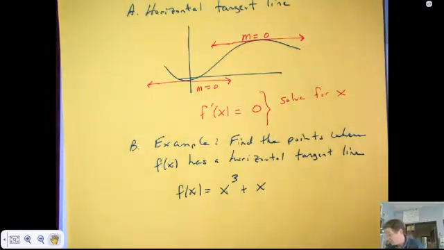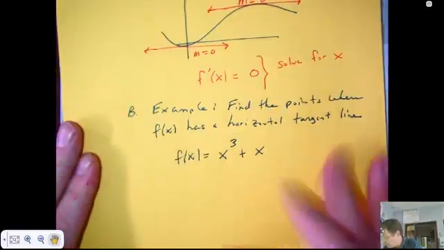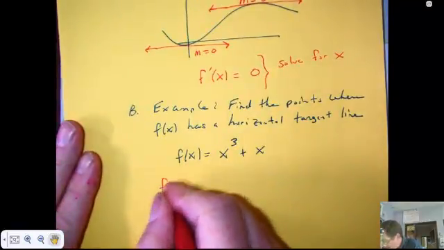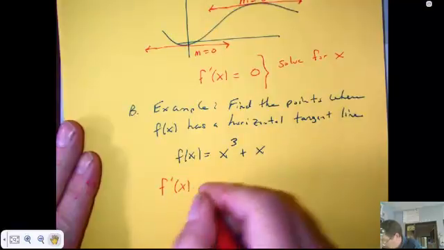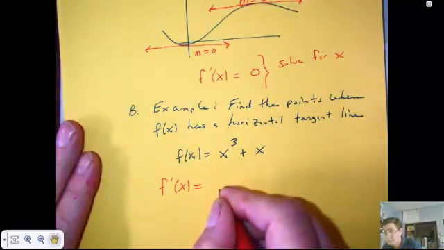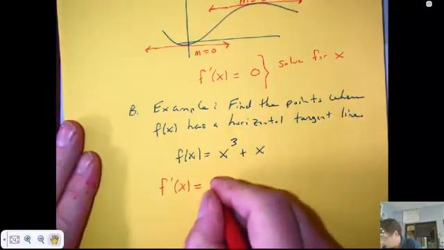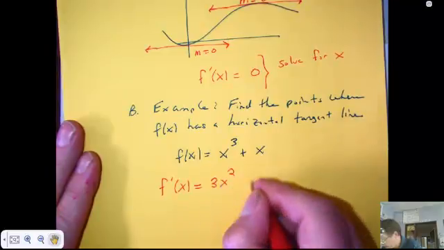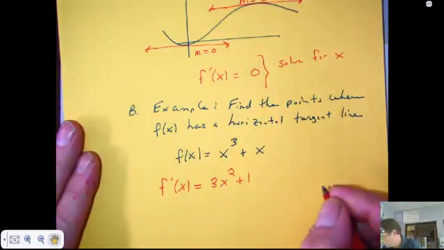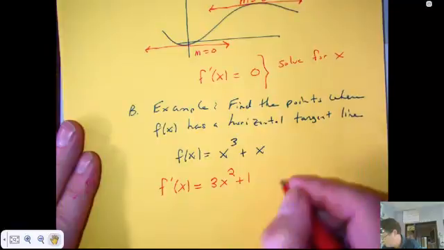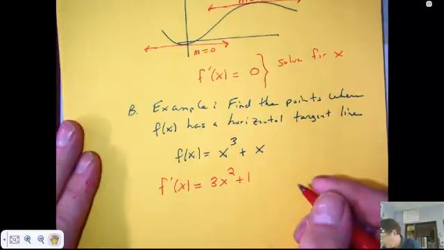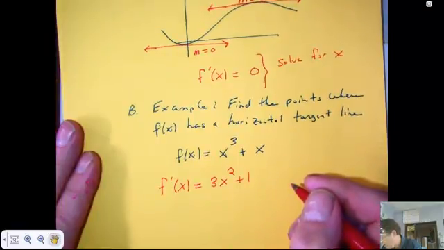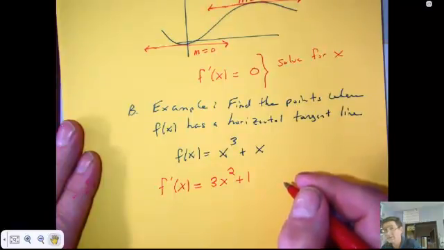So what's going to be my first step? Yeah, I gotta find the derivative, right? I gotta find f prime of x. What will that equal? And that's right. And this one's not gonna be very interesting. So what do we do next?